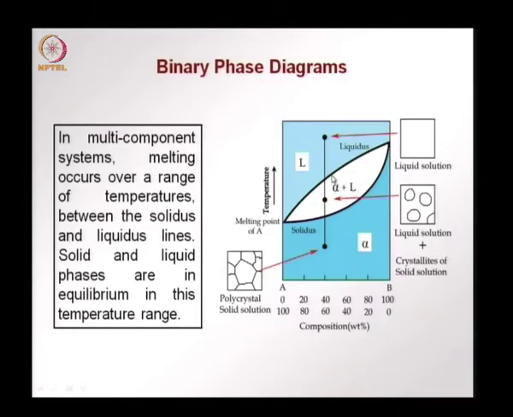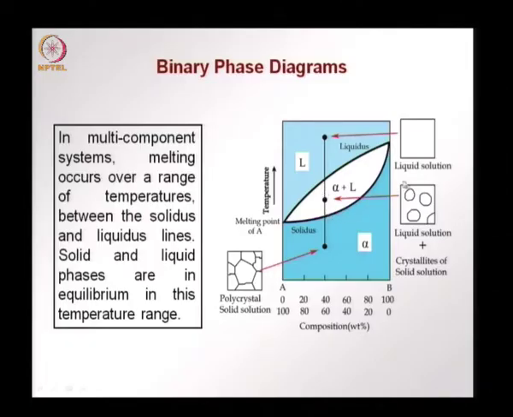So, melting occurs over the region between the liquidus line and the solidus line. Within this temperature range, the solid and liquid phases are in equilibrium.